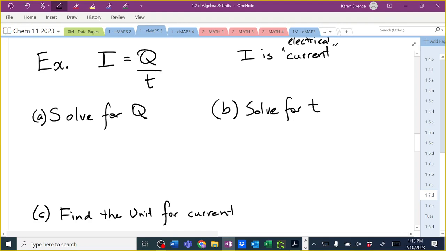So try solving for Q, solving for T, and check with the people next to you to see if they get the same answer as you do.